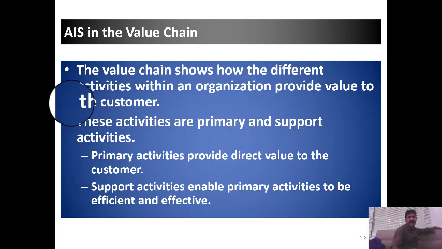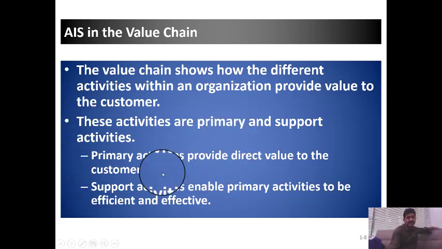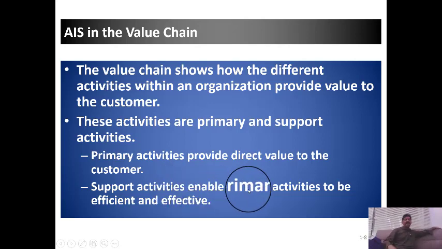Primary activities provide direct value to the customer, and supporting activities enable primary activities. If there were no supporting activities, there would still be primary activities, but supporting activities are like what you studied in the scope of commerce and industry, like trade and aid to trade.